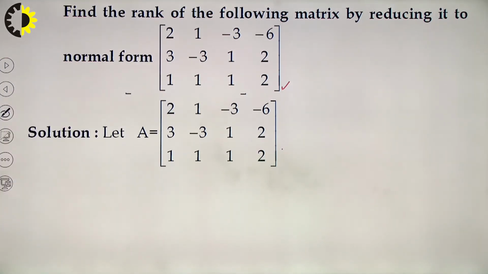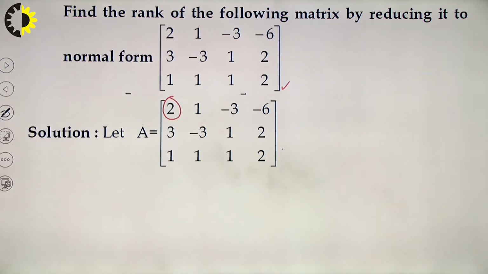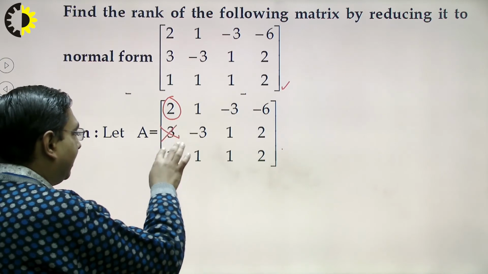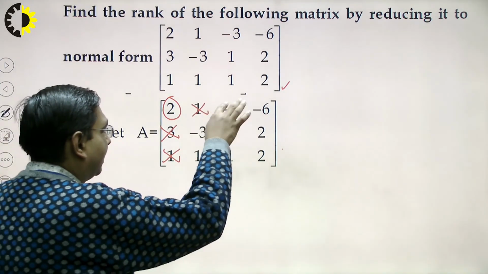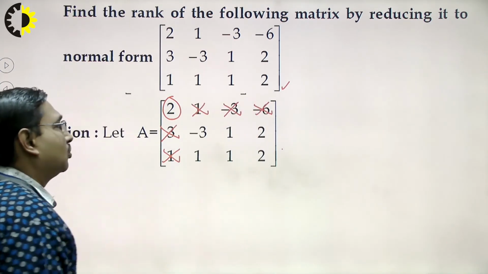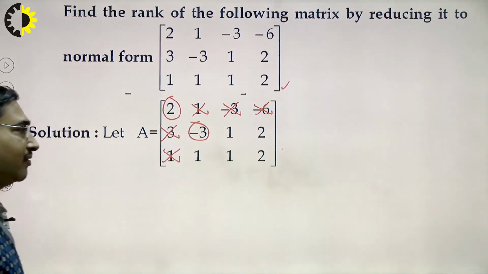The same procedure will be used. This element will first be converted to 1. With the help of that one, remaining elements of the first column will be converted to 0. Then with the help of that one, remaining elements of the first row will be converted to 0. Then this element will be converted to 1.